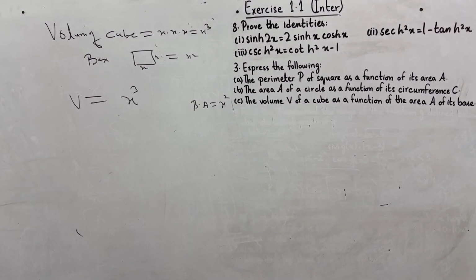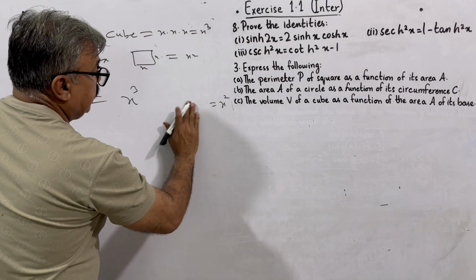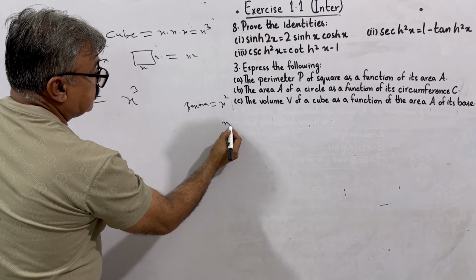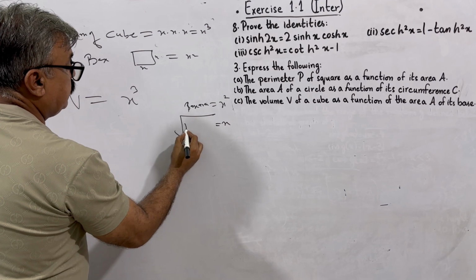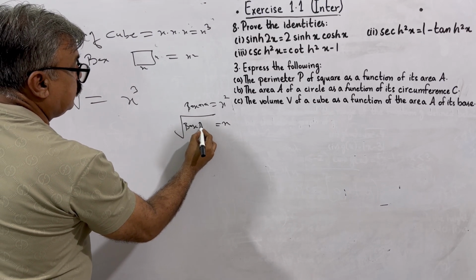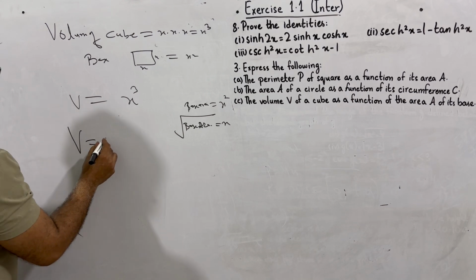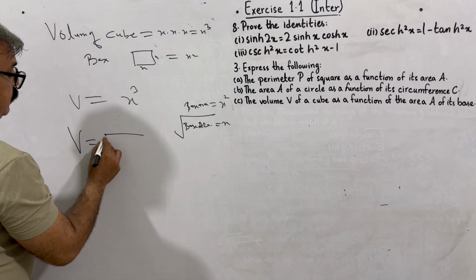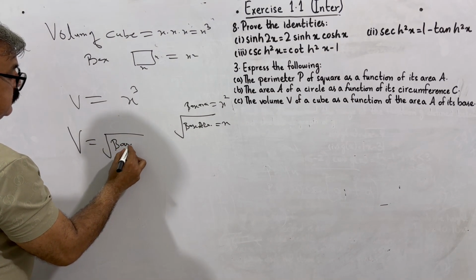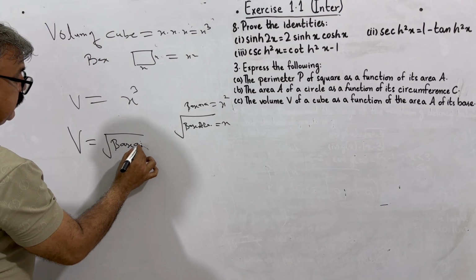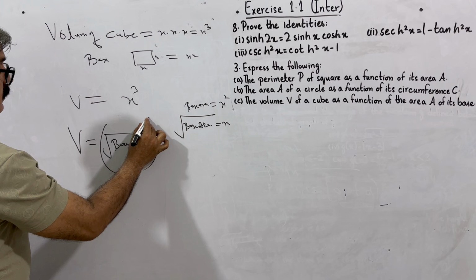What are we asked? Volume as a function of its base area. Find the value of x. X is going to be root of the base area. Put it here: V is going to be root of the base area, overall cubed.